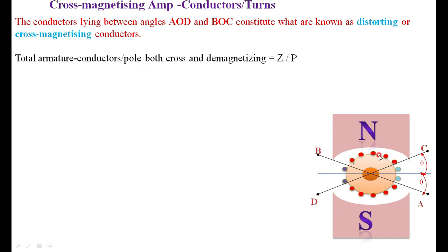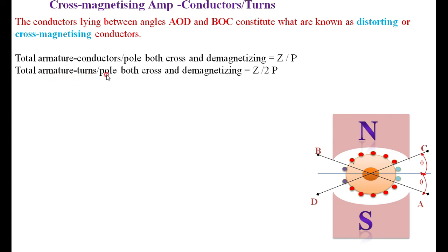If P poles are there, the number of conductors per pole is Z by P. That is the total number of armature conductors per pole. It includes both cross and demagnetizing effect. It is a combination of both.